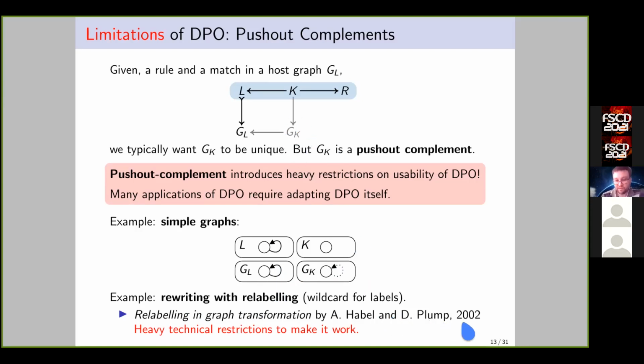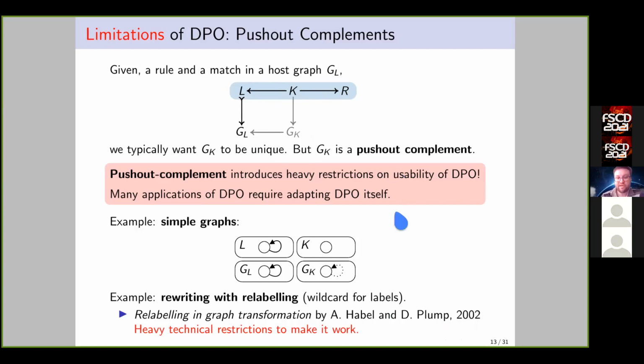A paper that has done this correctly is a paper by Habel and Plump in 2002. Their method works with DPO, but they have to introduce very heavy technical restrictions to make it work. They have to choose a particular pushout complement, and they also have heavy restrictions on the shape of the rules. For instance, if you use a wildcard in the left-hand side, you also have to use a wildcard in the right-hand side.